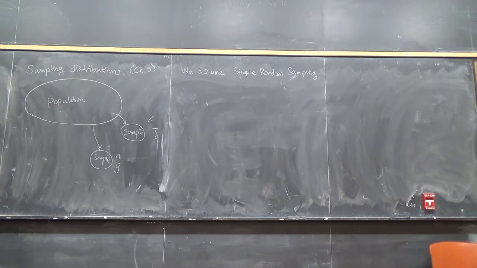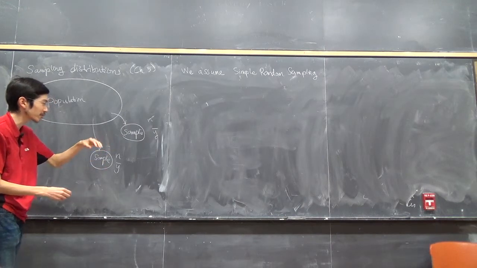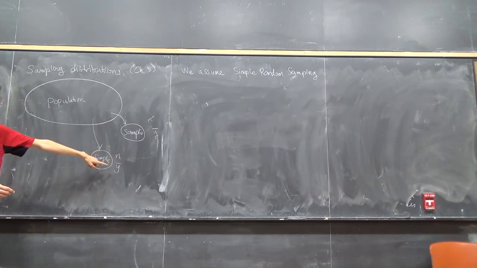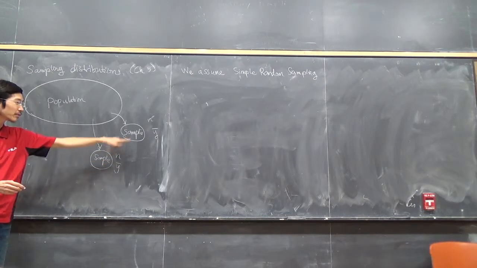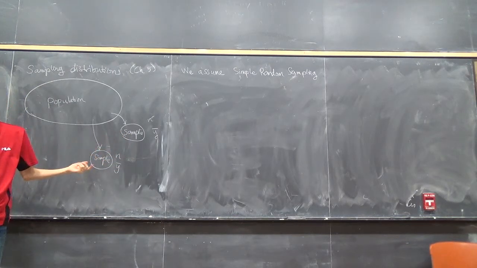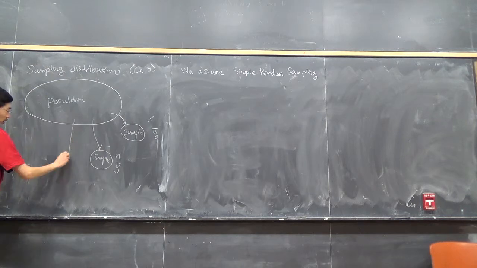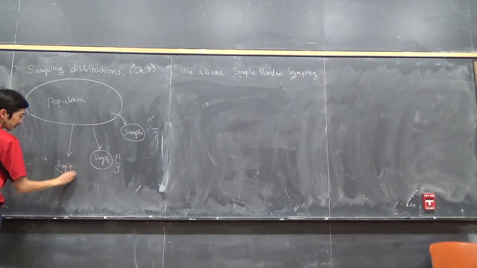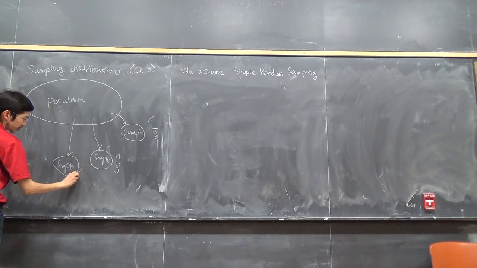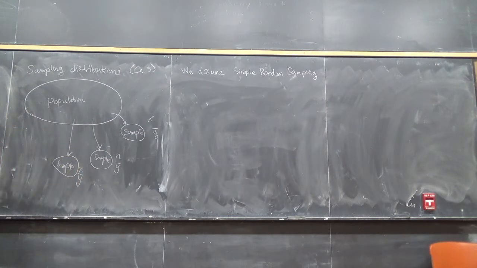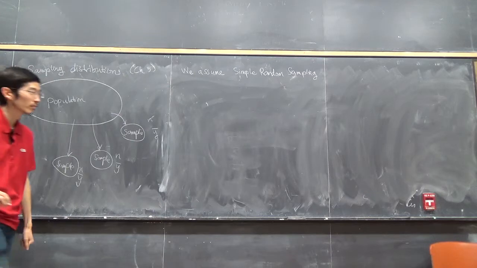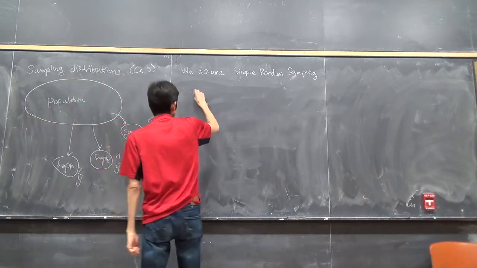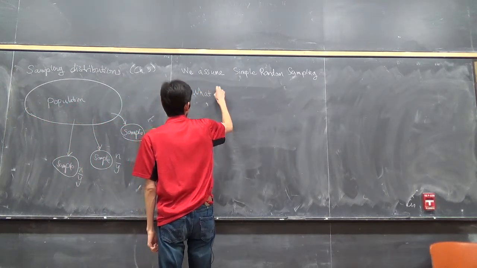With 100 people, it's probably not going to vary that much, but the sample mean is going to be different from sample to sample, okay? Let's say I do this over and over again. Take another sample, get another sample mean y bar. What is the distribution of y bar?